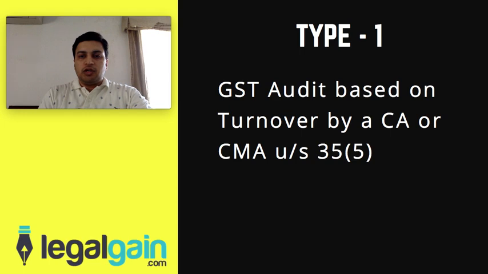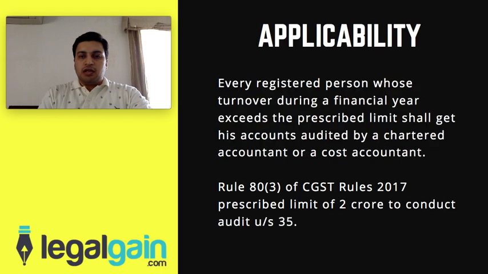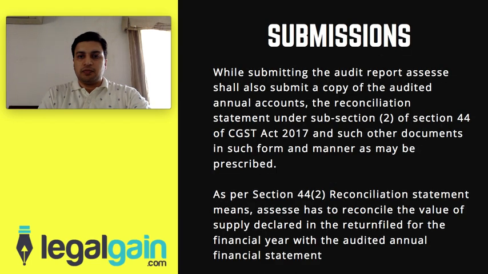The first type of audit is audit based on turnover by a CA or a CMA. Applicability: every registered person whose turnover during the financial year exceeds the prescribed limit. So every registered person whose turnover as per Rule 80 subsection 3, Rule 83 exceeds 2 crores is required to get an audit done by a CA or a CMA.